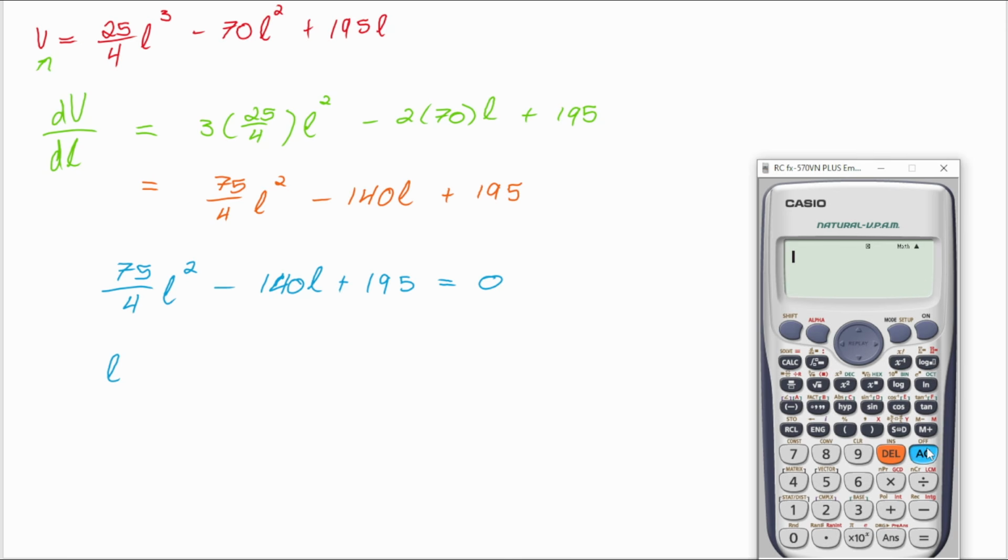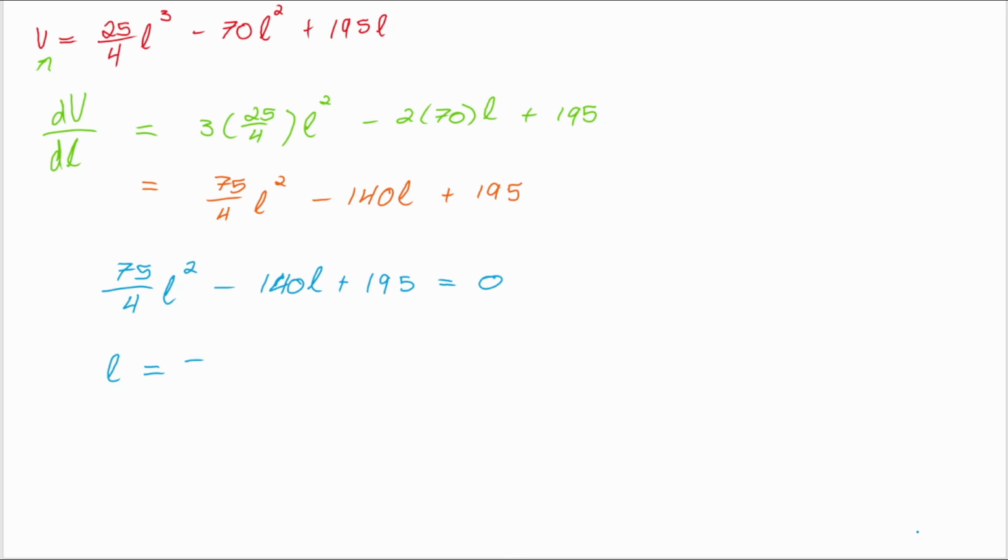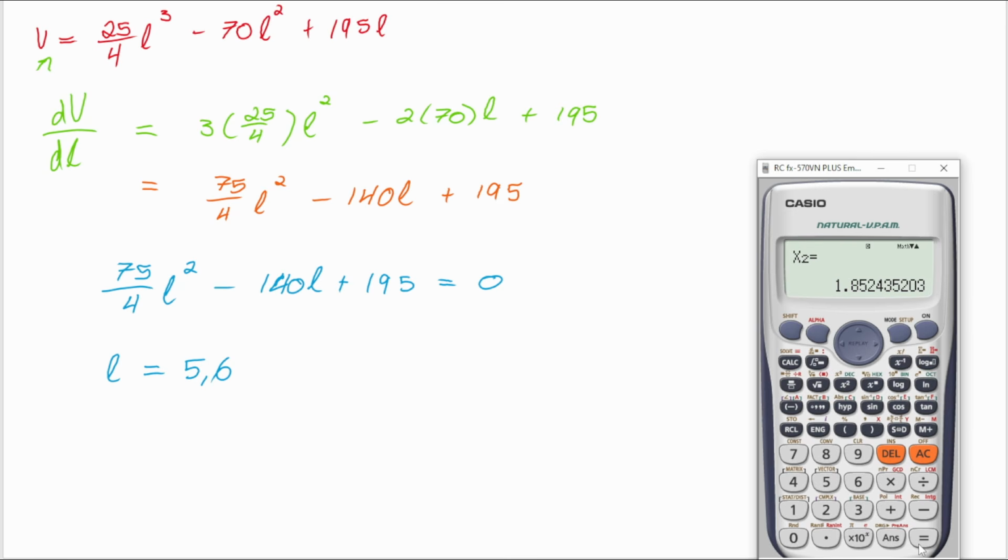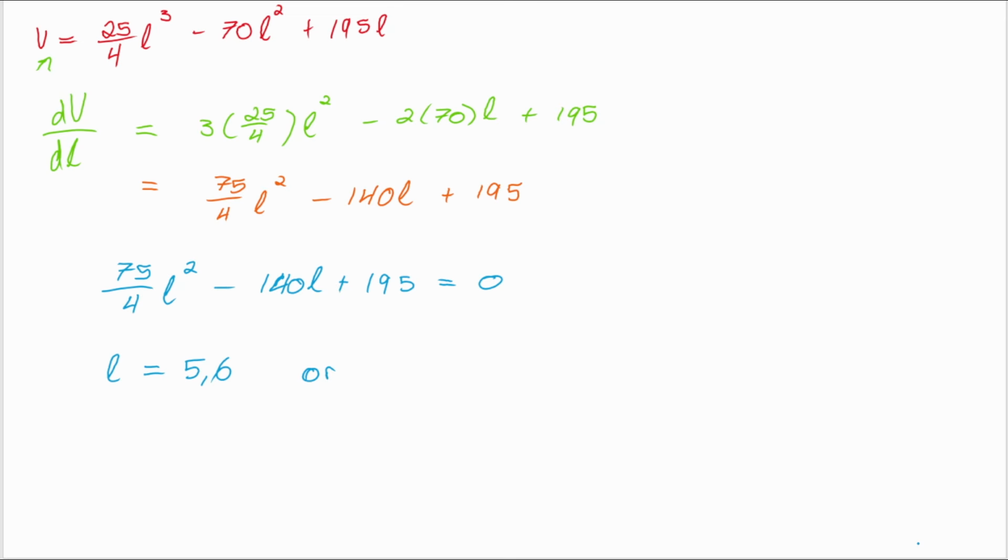So mode equation 5.3, 75 over 4, negative 140, don't forget the negative, 195. So the two lengths that we get are L is equal to 5.6 to 1 decimal place, or L is equal to 1.9 meters.